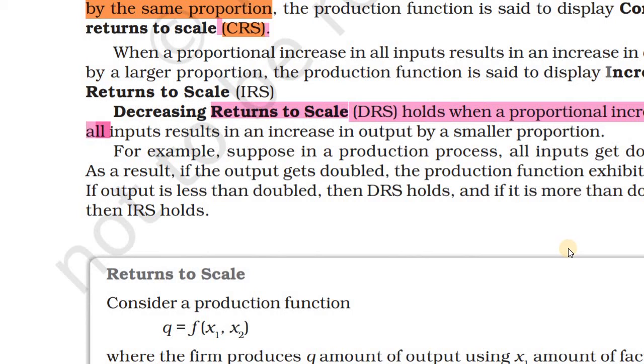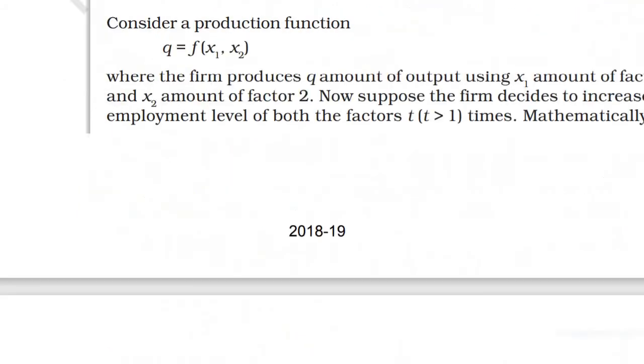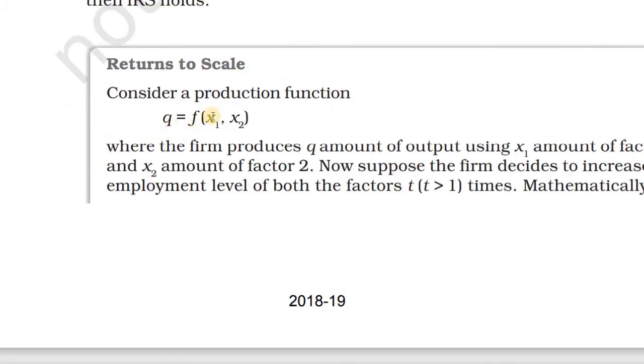Return to scale normally works in the long run. Okay, variable proportion, that one is working in the short run. Then for return to scale, we can consider the production function as Q equal to function of x1 and x2, where the firm produces Q amount of output, x1 amount of factor 1 and x2 amount of factor 2, labor or capital.